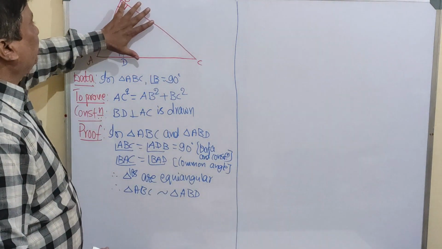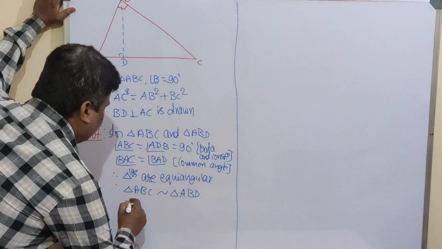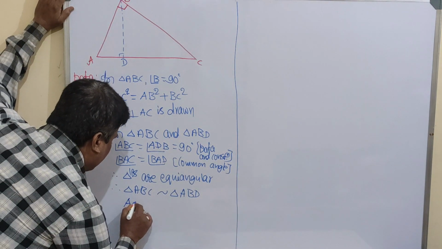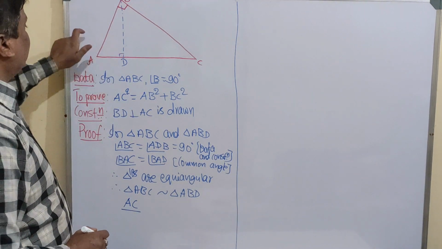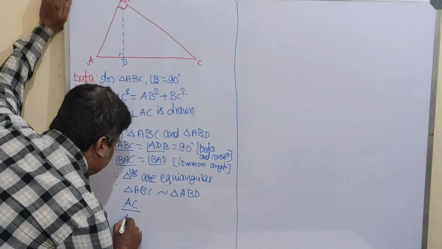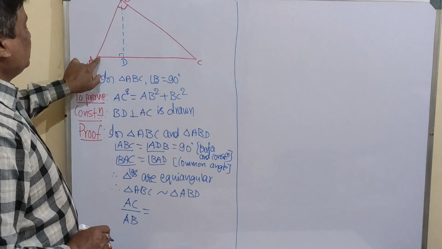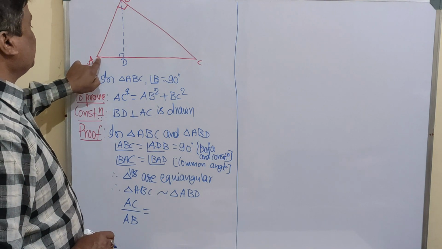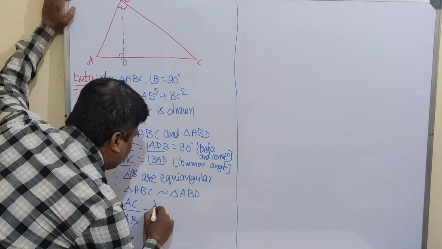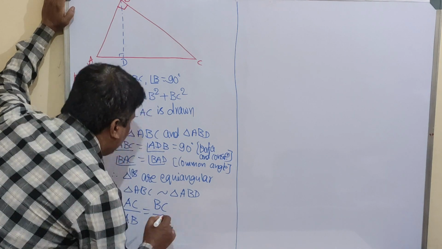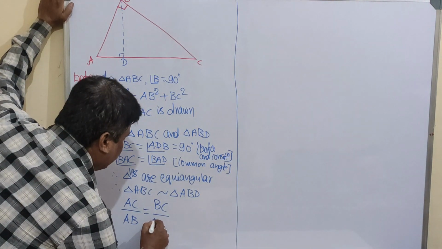As you know, in the bigger triangle, the side opposite to the 90 degree angle is AC, and in the smaller triangle, the side opposite to this 90 degree angle is AB. And it is a common angle. The side opposite to the angle in the bigger triangle is BC, but in the smaller triangle it is BD.